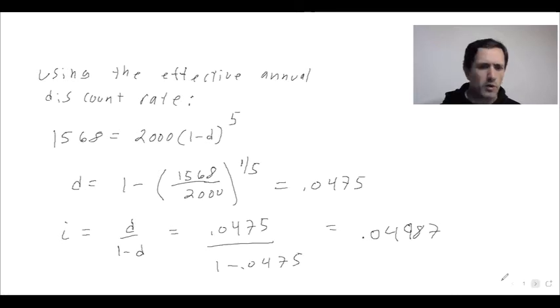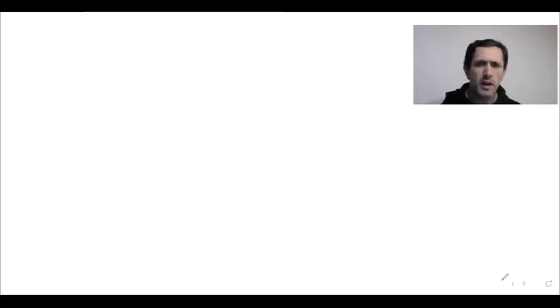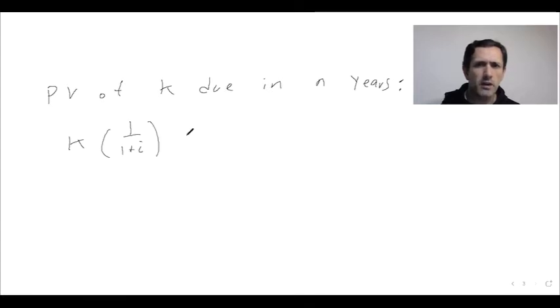And I just want to make one quick comment, just to remind you, both formulas that we used, in general, the present value of k due in n years, using the effective annual interest rate i, is k times 1 over (1 plus i) to the n.